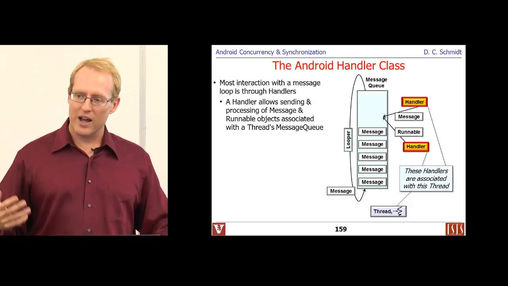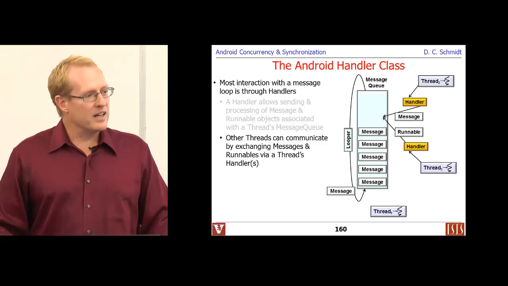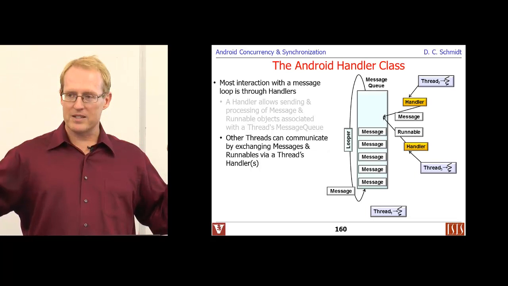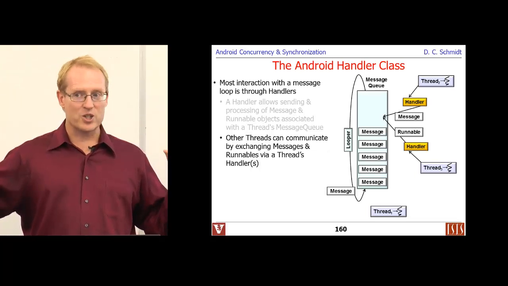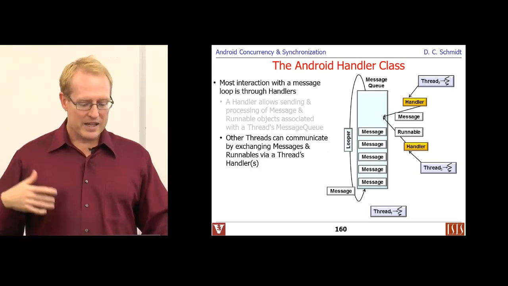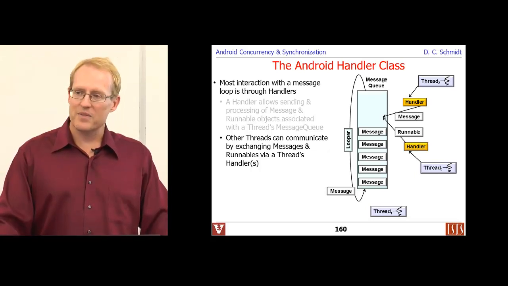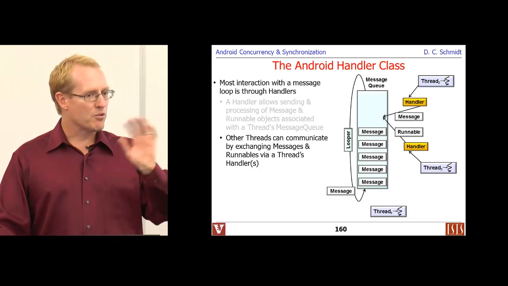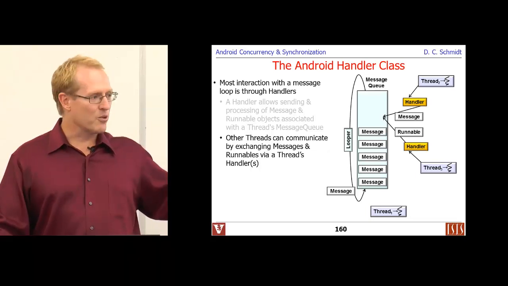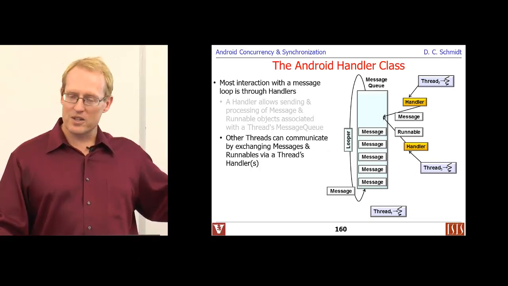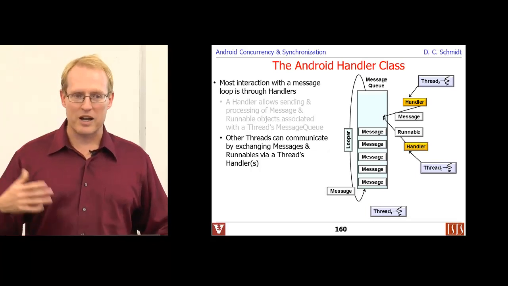You can control how these handlers start up. And then other threads that may be background threads, running in distinction from the UI thread or the main thread or just some other thread, can communicate with another thread by passing messages or runnables through handlers to another thread.